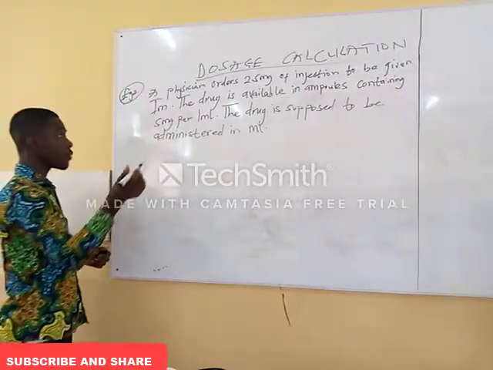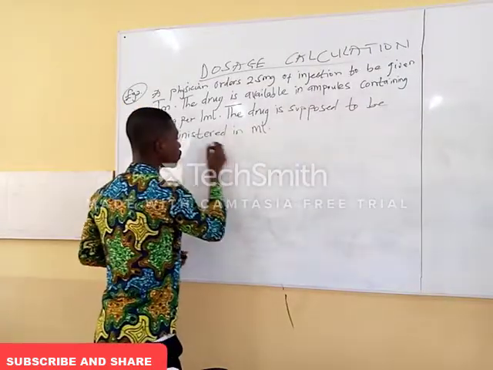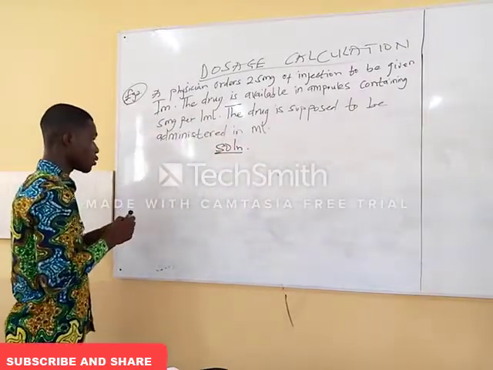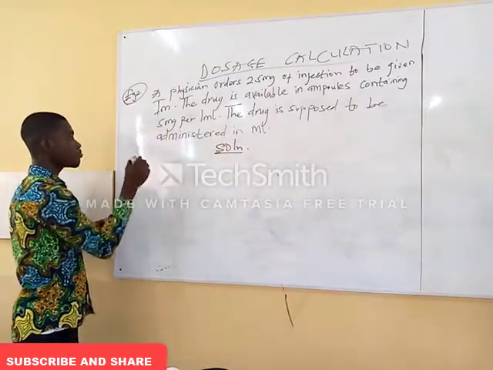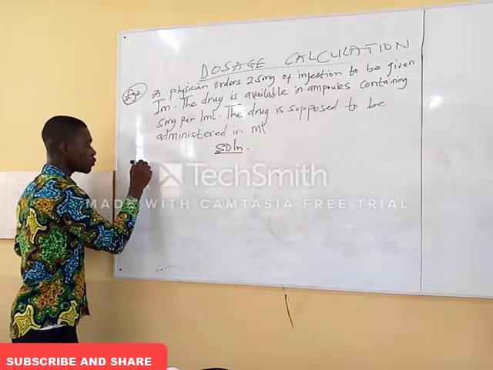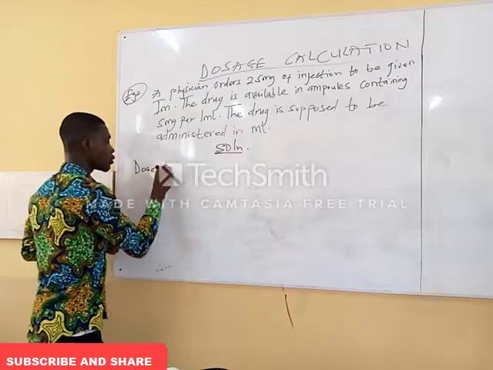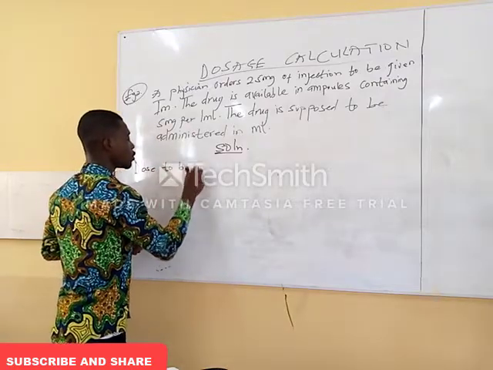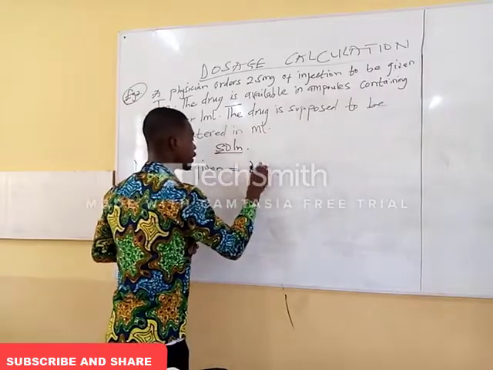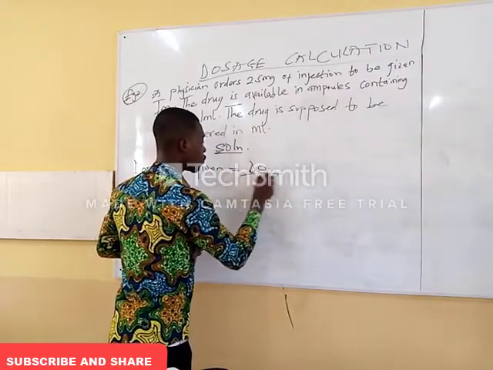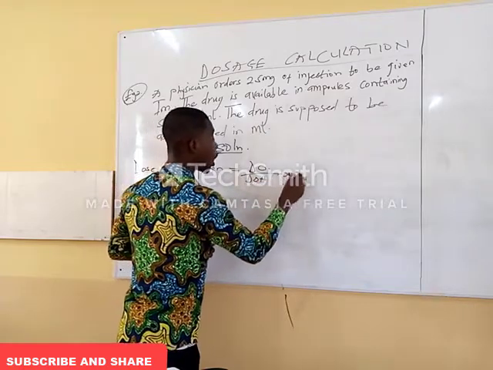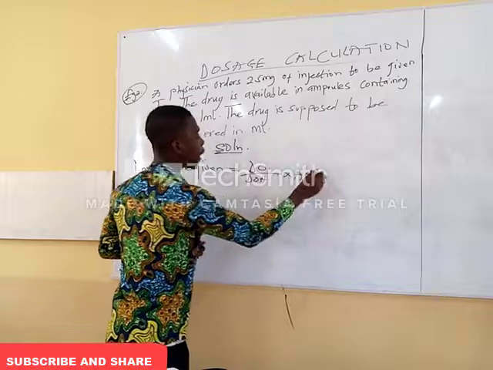We know that the formula says, solution: dose to be given is equal to dose ordered, DO, over dose on hand times amount on hand.